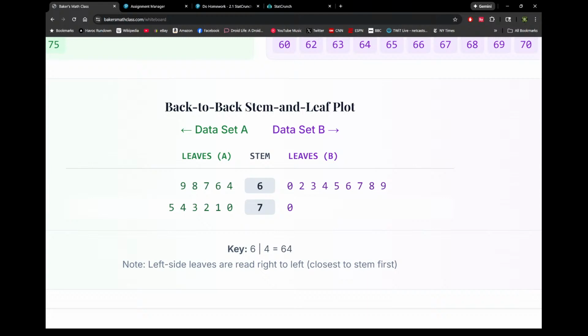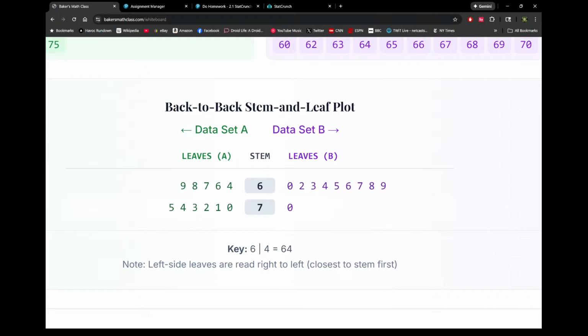Don't put a 0. Because a 0 means that's data, that's information. So this means 70. If that 0 wasn't there, there would have been no data points in the 70s. So remember, the stem is your 10s and the leaves are your 1s. So you put it together.